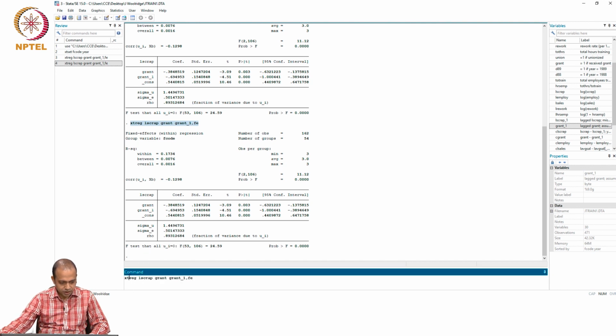instead of xtreg, now we have to use the reg command.